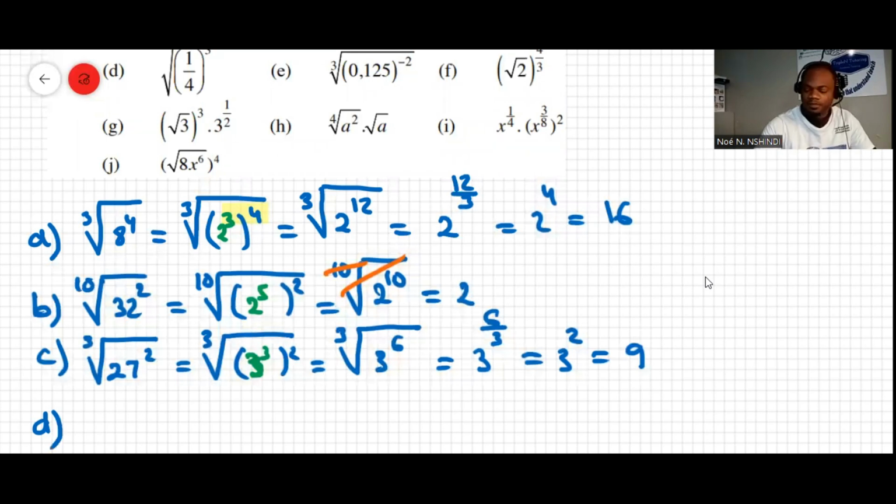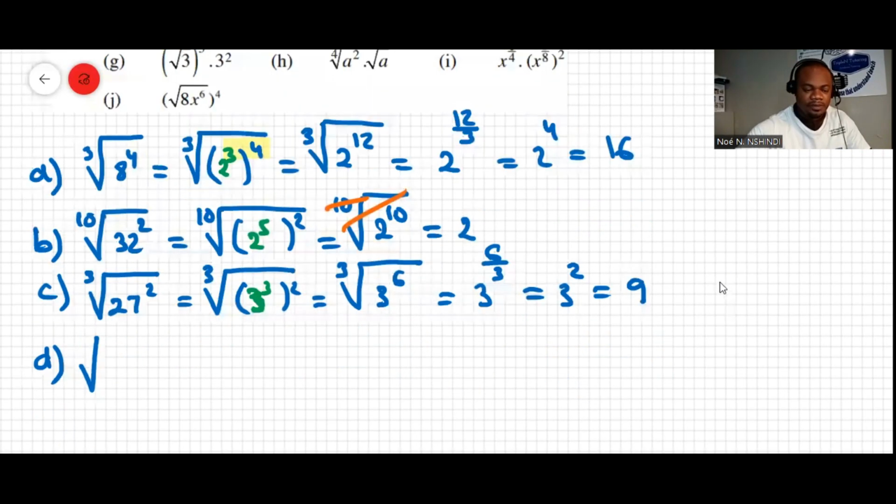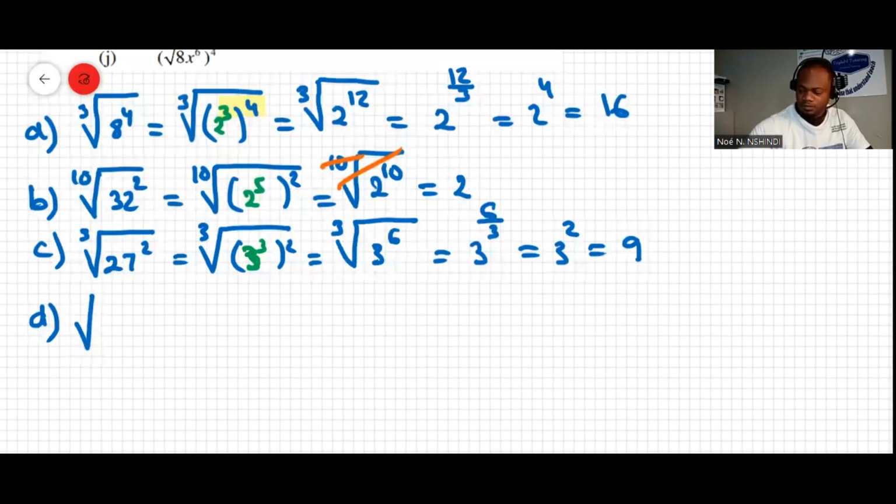Okay, I need to move it up there. This is the square root of 1 over 4 to the power of 3.